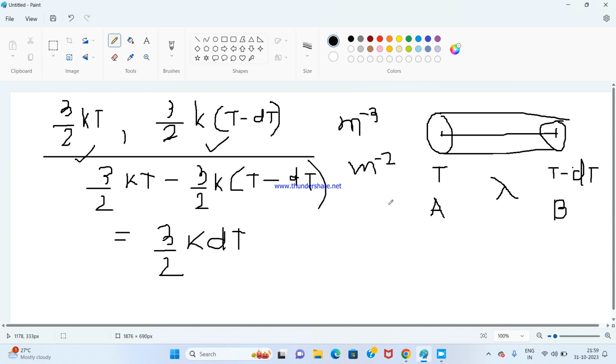So we want to find out the net energy at the hotter end per unit cross section per unit time, but this dimension is unit volume, that means m to the power minus 3.